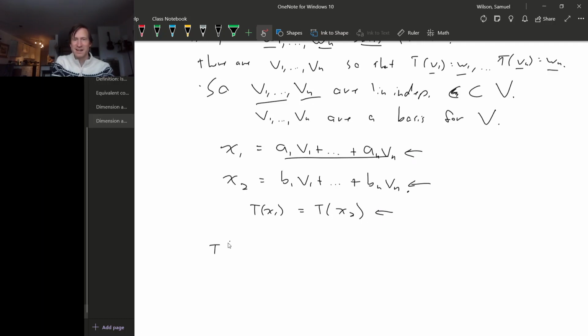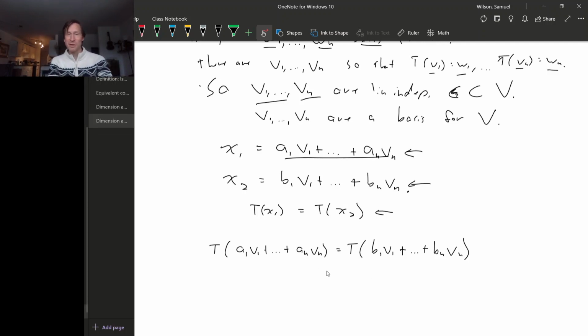So we get T of a1 v1 plus dot dot dot down to an vn equals T of b1 v1 down to bn vn. But then we can use the linear transformation property, so we get a1 T of v1 plus dot dot dot down to an T of vn.